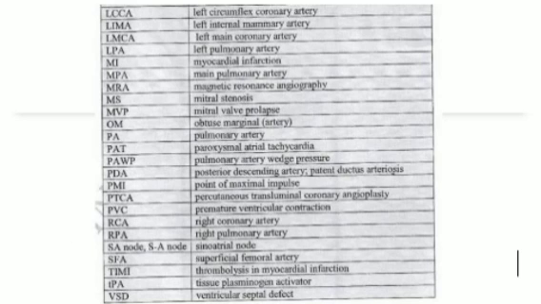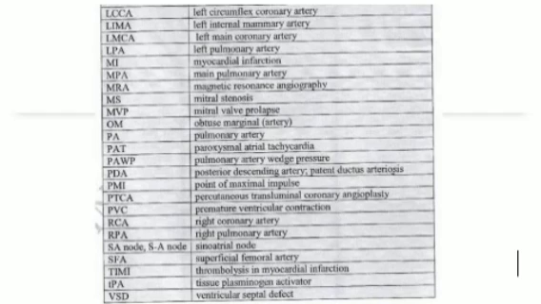These are some other abbreviations: LCCA, left circumflex coronary artery. LIMA, left internal mammary artery. LMCA, left main coronary artery. LPA, left pulmonary artery. MI, myocardial infarction. MPA, main pulmonary artery. MRA, magnetic resonance angiography. MS, mitral stenosis.